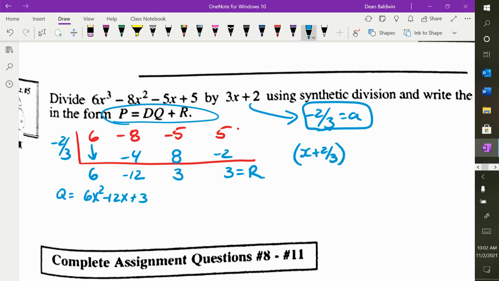Because I have to say what makes this 0. -2/3 would make that 0. All right? You can think of it like this. It's actually x minus your a value. My quotient is 6x squared minus 12x plus 3, and the remainder is 3.